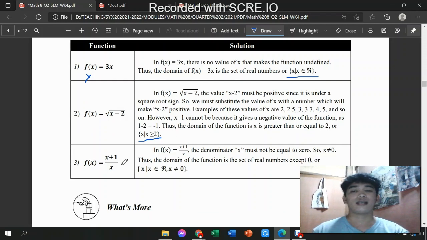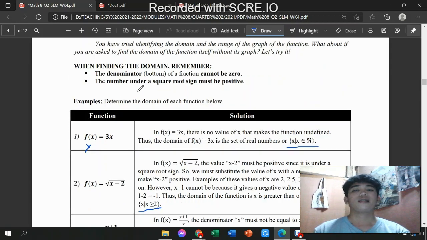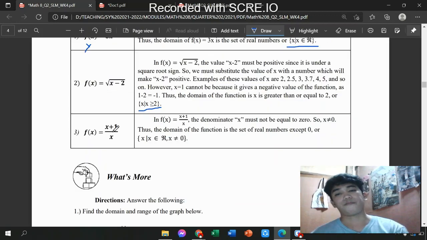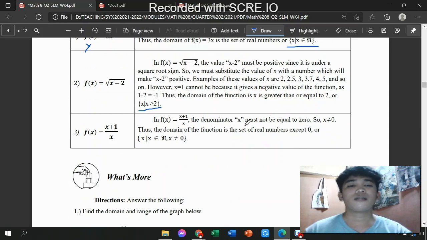Then number 3, the fraction f of x equals x plus 1 over x. So sa tanawan na to basta fraction, the denominator of a fraction cannot be 0. So this is very easy. The denominator x must not be equal to 0. So bisan unsa pwede ibutang nato ani nga x sa ubos except sa 0.